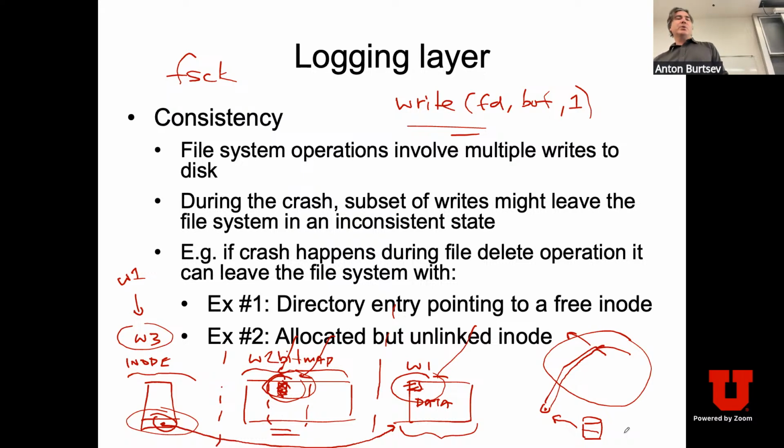One way to do it is that you can always come up with a correct ordering of those writes, in such a way that the last write commits the transaction: only if this write finishes do you see the changes on disk, or you don't see them at all.